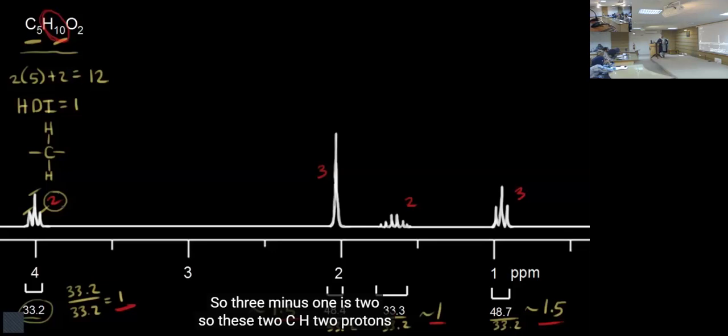CH3 usually appears around 0.9 to 1 or 1.1 ppm, and this is 2 ppm. So the downfield shift of this CH3 represents there is some heteroatom and some more electronegative atom.